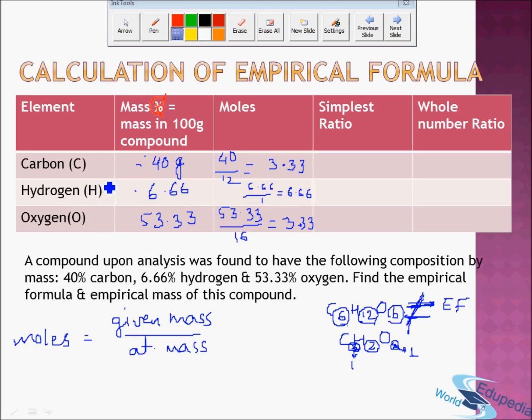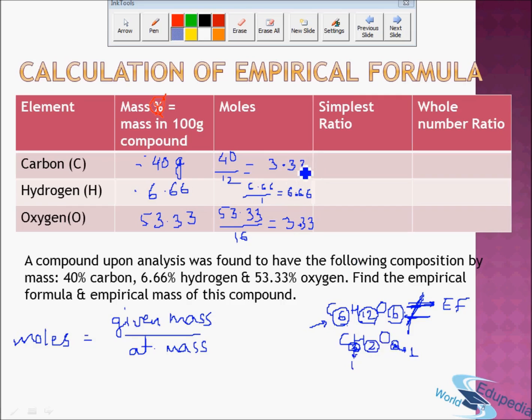What I mean is, for carbon I have 3.33 moles, for hydrogen I have 6.66 moles, and for oxygen again I have 3.33 moles. Now take the lowest of these three numbers. The lowest is obviously 3.33. Now divide all three numbers by the lowest number. In the glucose case, we divided all the numbers by 6, so we got the simplest ratio, 1, 2 and 1.